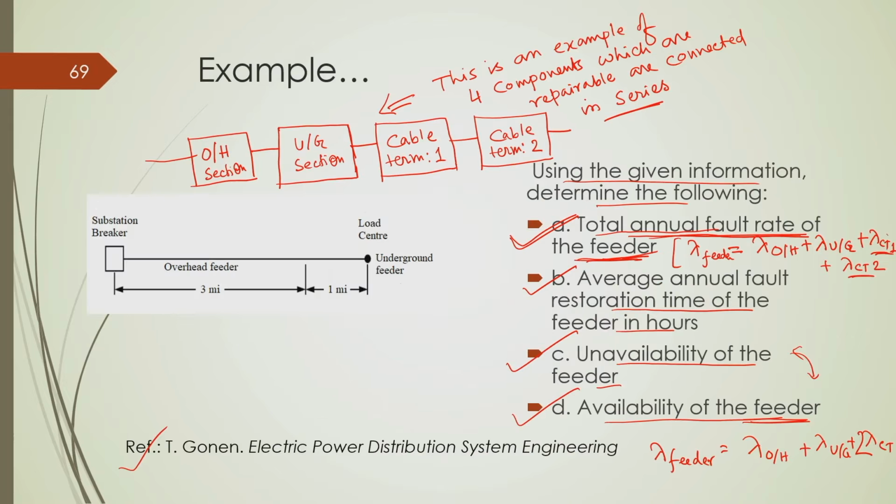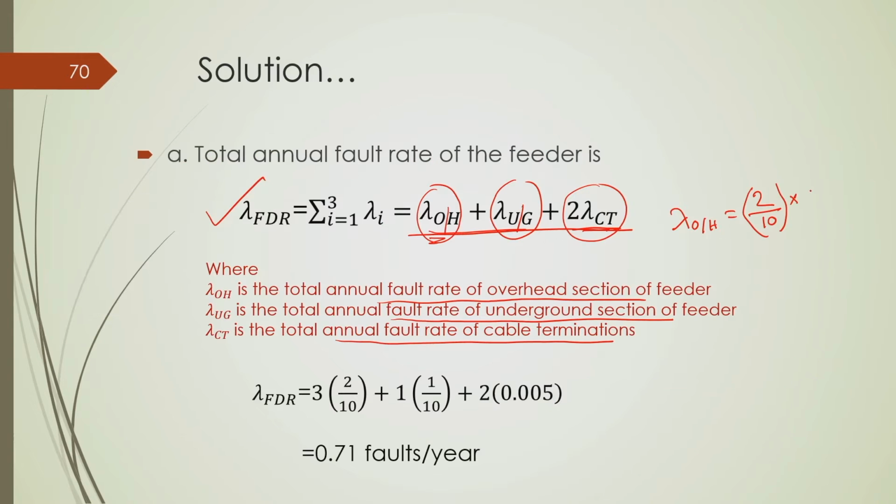Length of the overhead section is given as 3 miles, so this is multiplied by 3. Similarly, lambda underground section is suffering from 1 fault per 10 years multiplied by its length, that is 1 mile, because this fault is recorded per circuit mile, per circuit length.